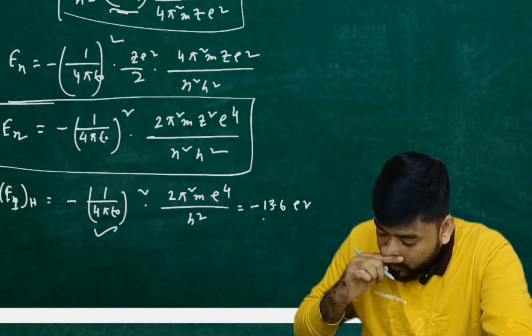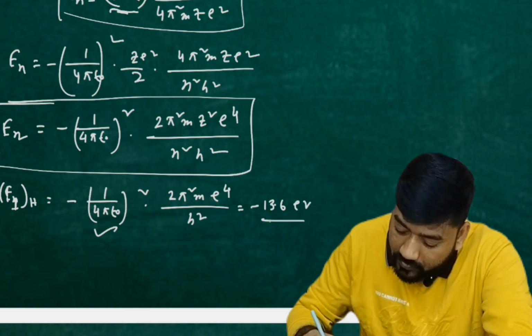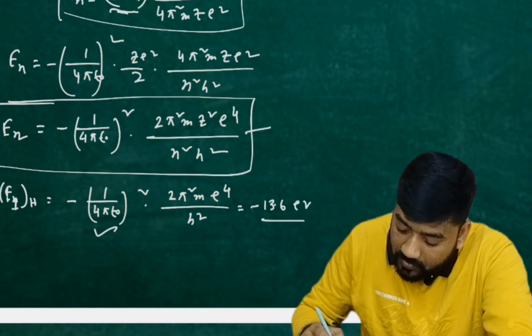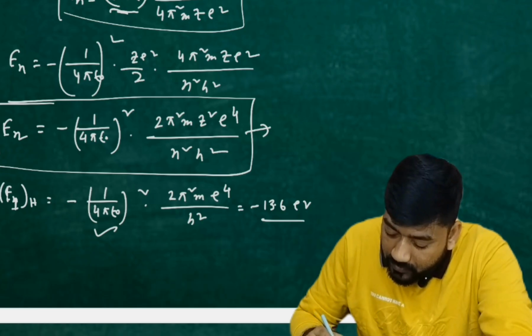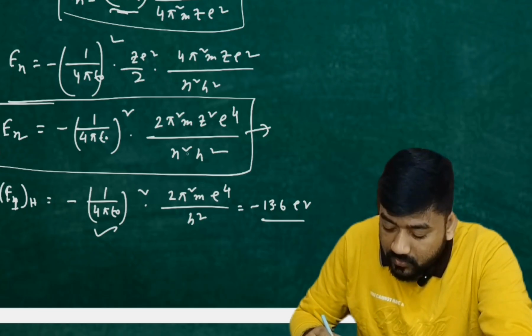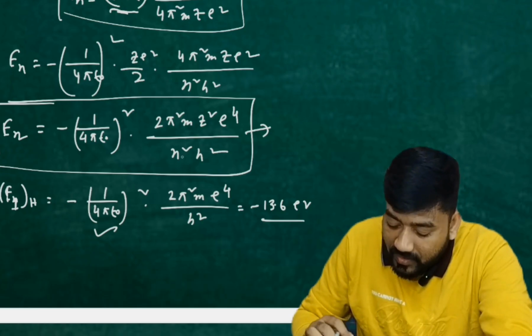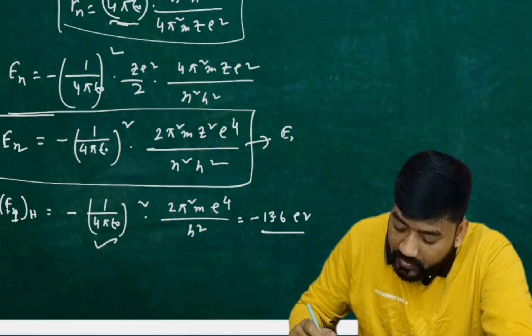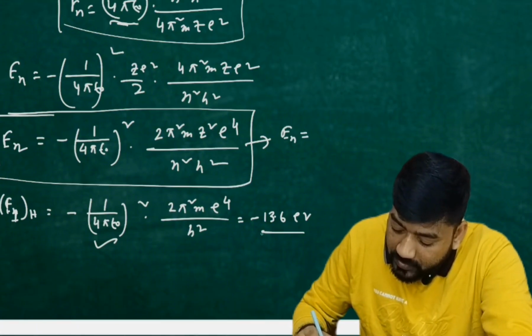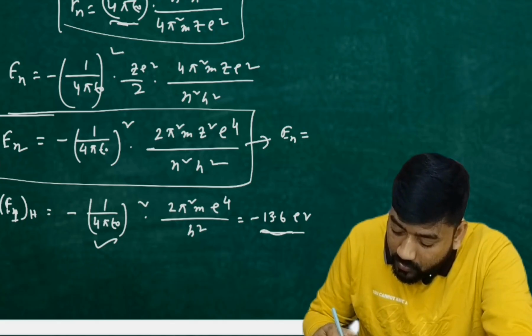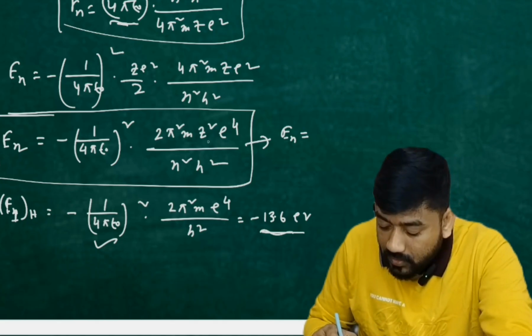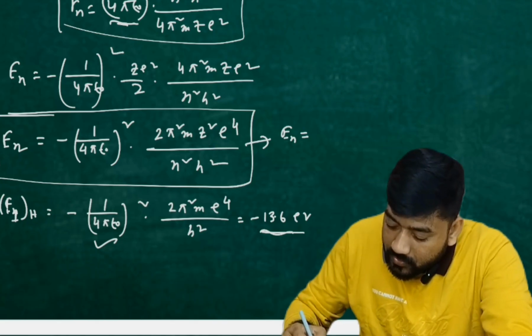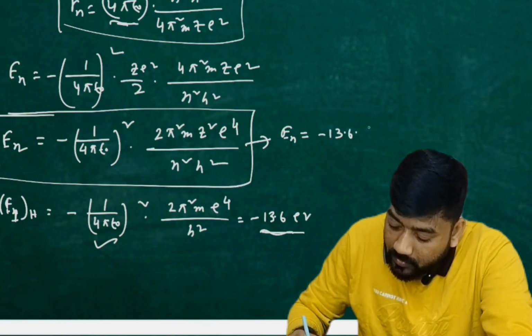Now if we separate out z square and n square, then the expression will be En equal to minus 13.6 electron volt, leaving aside the terms z square and n square, so it becomes minus 13.6 into z square upon n square.